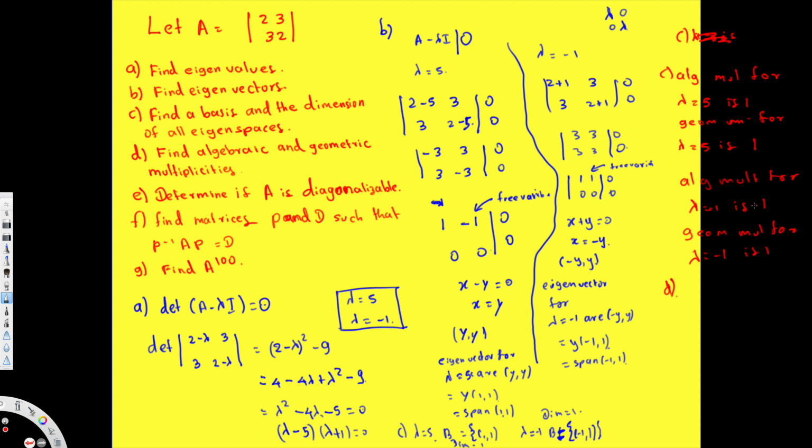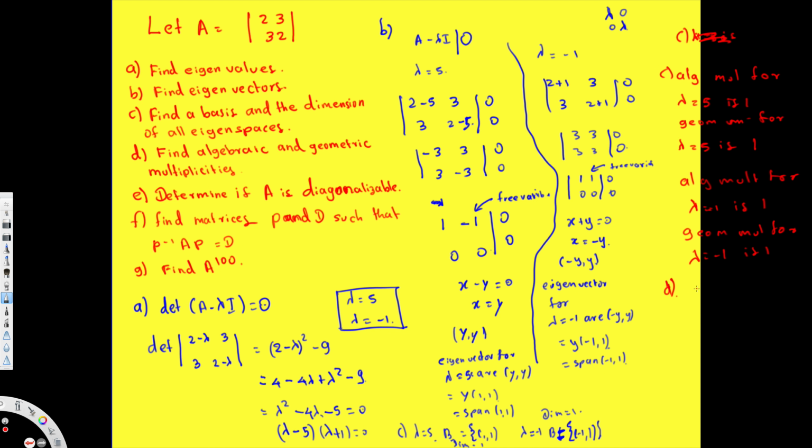If algebraic and geometric multiplicity for lambda equal minus 1 is 2 for both of them, then it doesn't matter if it's 2 or 3, as long as both have the same number. Lambda equal to 5 has to have geometric and algebraic the same number, and lambda equal to minus 1 has to have geometric and algebraic multiplicity the same number.